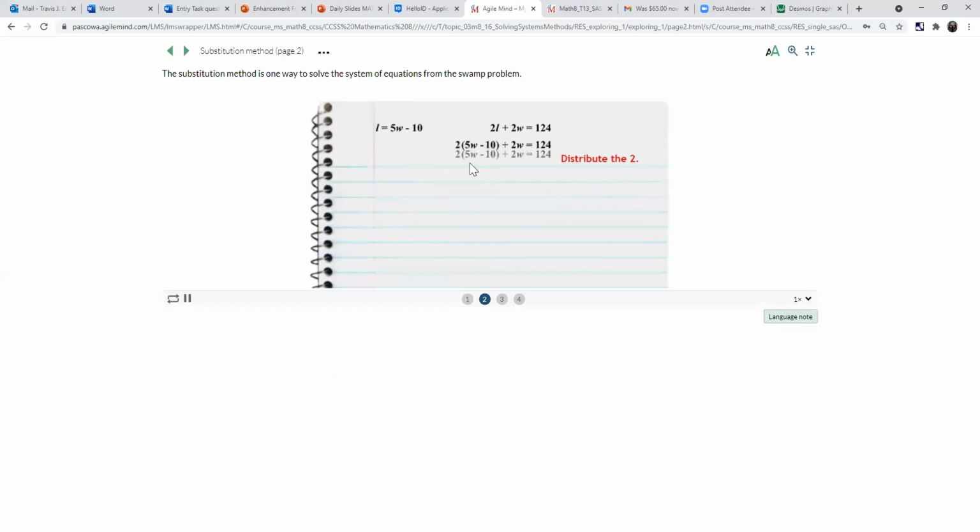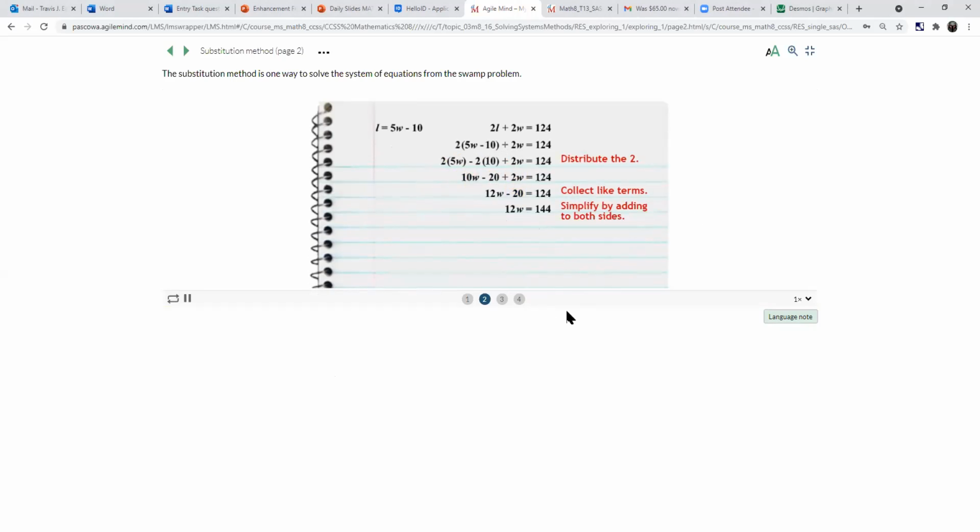So the first thing we need to do is distribute the 2 into the 5W minus 10. So 2 times 5W minus 2 times 10 becomes 10W minus 20. And then you still have the 2W equals 124. We combine the like terms of 10W and 2W to make 12W.